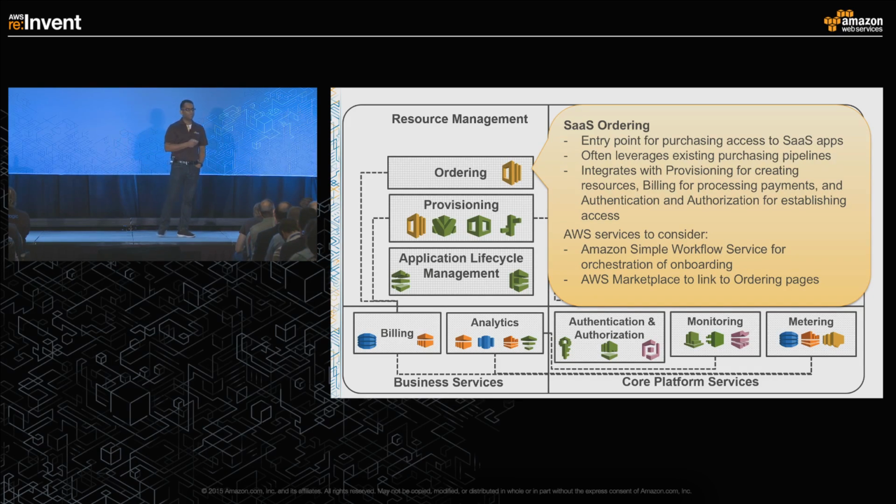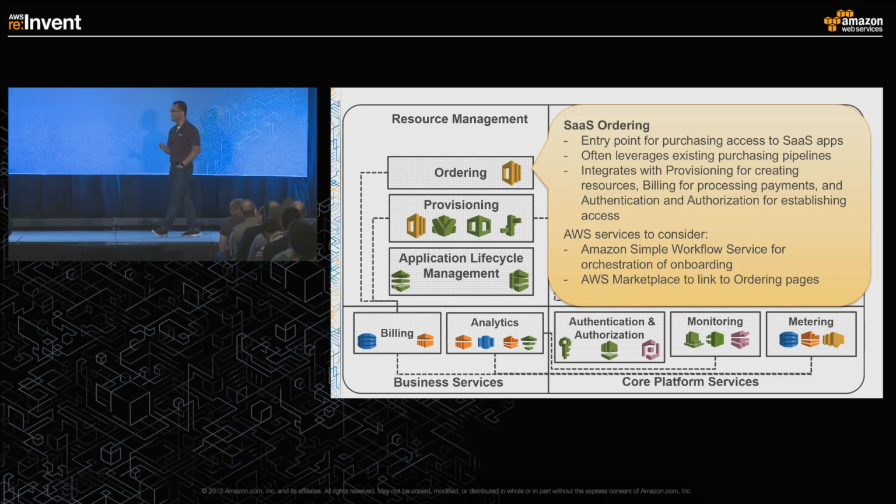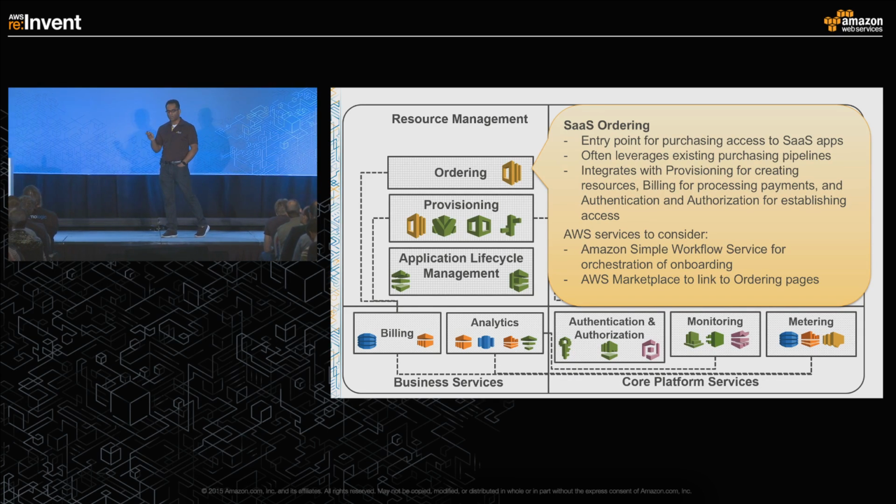You can use several AWS services to help you build out the ordering portion of this. You can use Simple Workflow if you have a very heavy-duty, complex orchestration required for onboarding new customers. Or you can use something like SQS for something a little bit more modest.